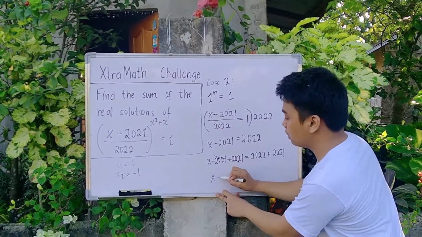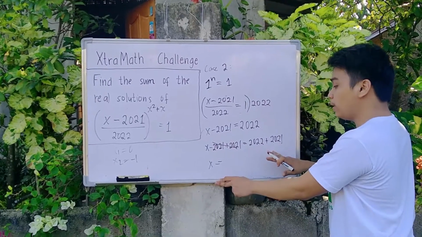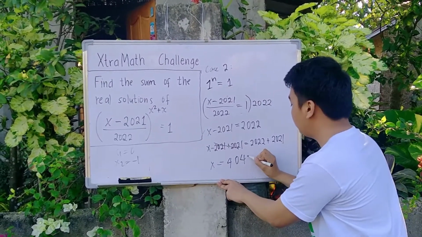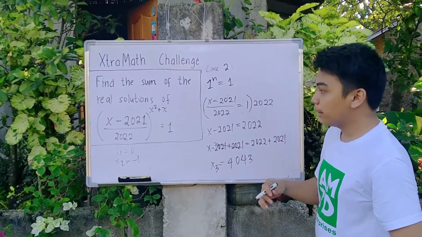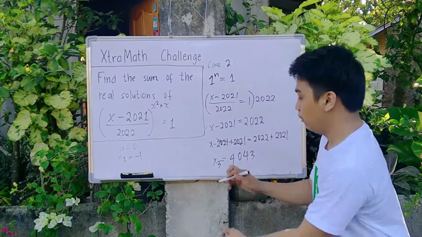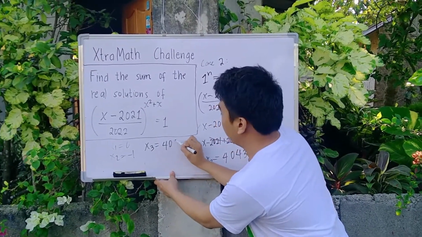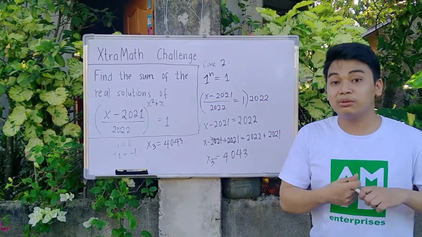So x is equal to 2022 plus 2021 is equal to 4,043. And this is our third real solution. So, lagay natin dito 4,043. So, for case 2, meron tayong nakuhang isang real solution.